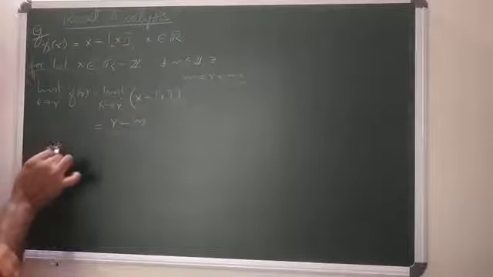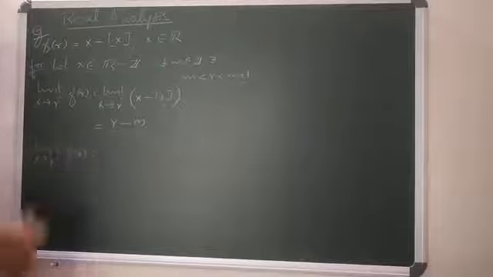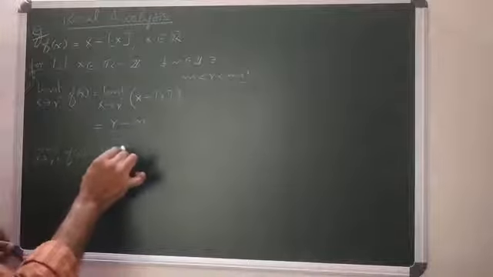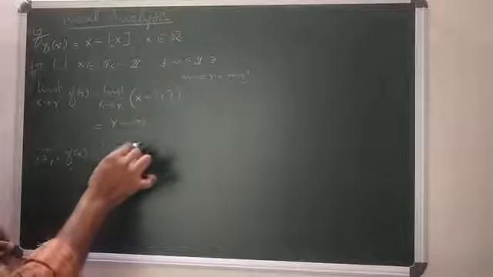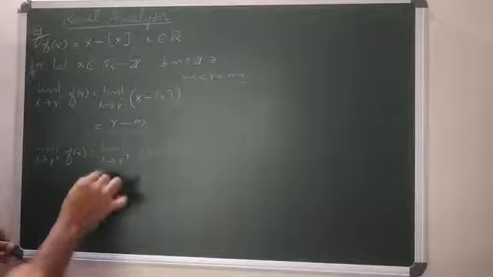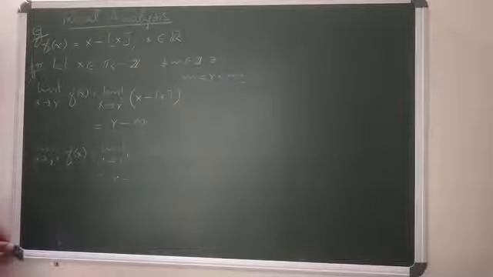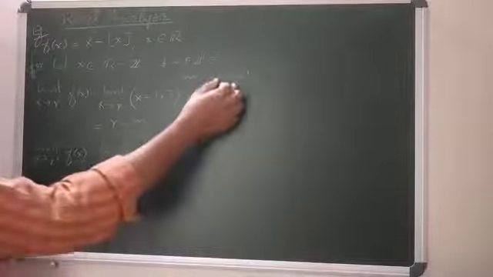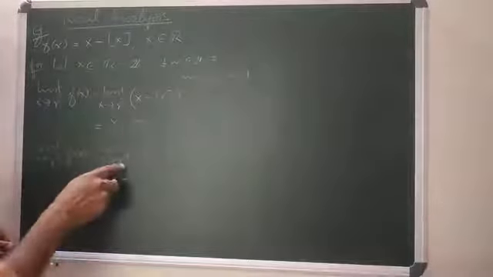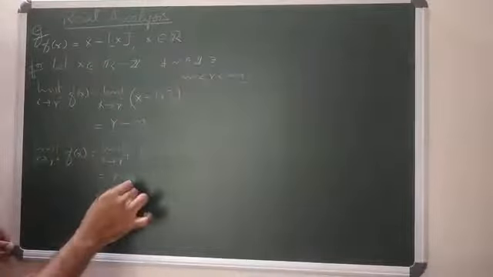Similarly, find the limit as x tends to r plus of f of x. It is the limit as x tends to r plus of x minus the greatest integer x. It is r minus the greatest integer of x, where r is less than m plus 1. r plus means it is again m itself.